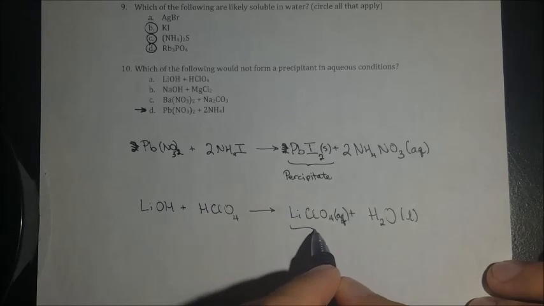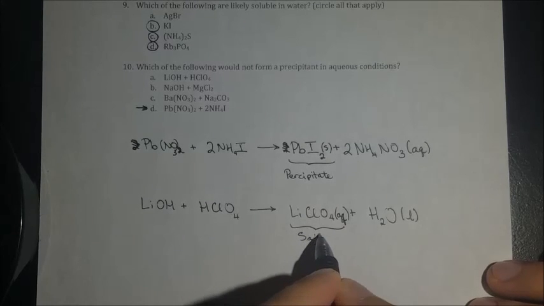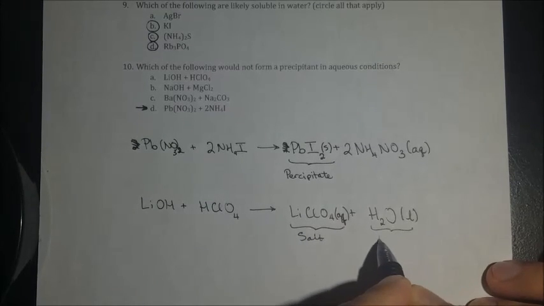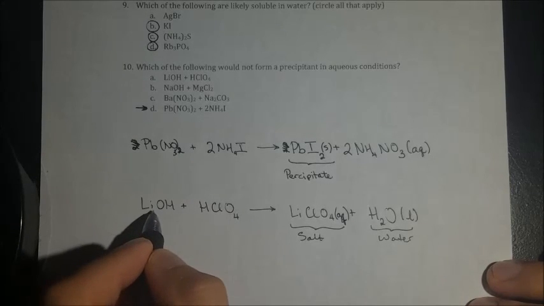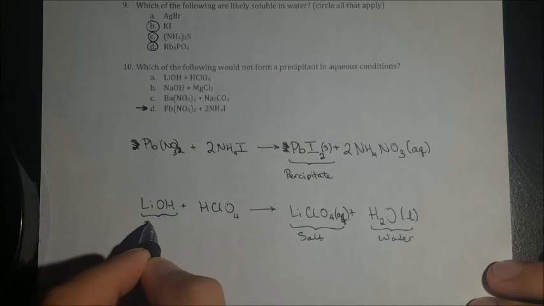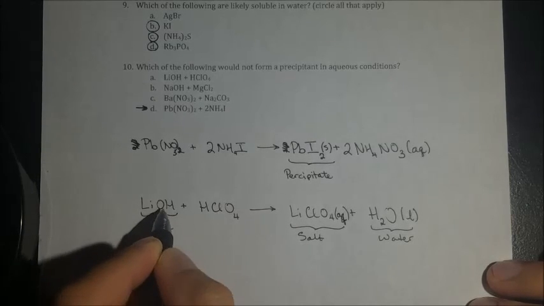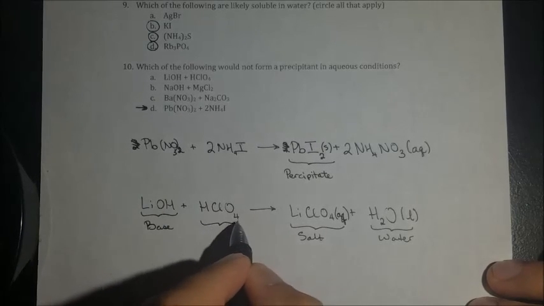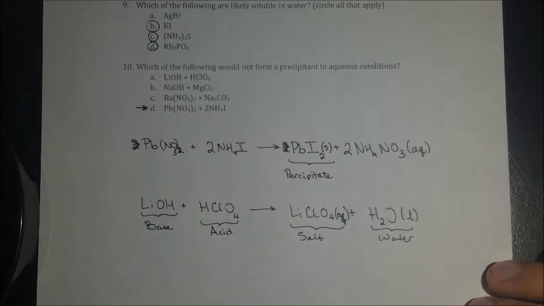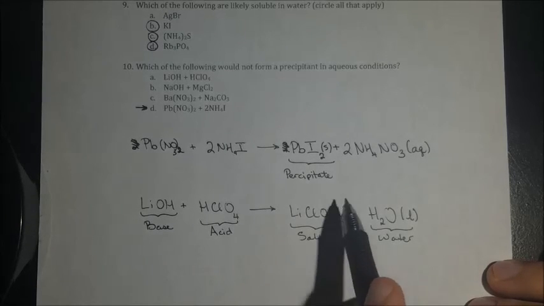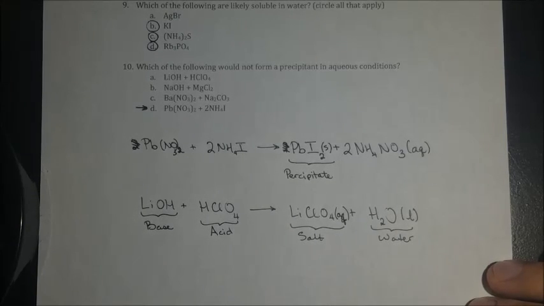Because here we've made a salt, and here we've made water. All right, and this is lithium hydroxide, so this would be an Arrhenius base, right? Because we got a hydroxide there, and this would be an Arrhenius acid, because we have a hydrogen right there. So this, in fact, is an acid-base reaction, and we see no solids forming in the products.